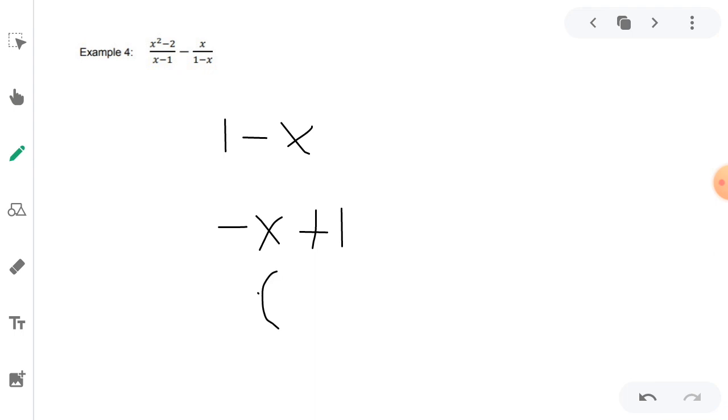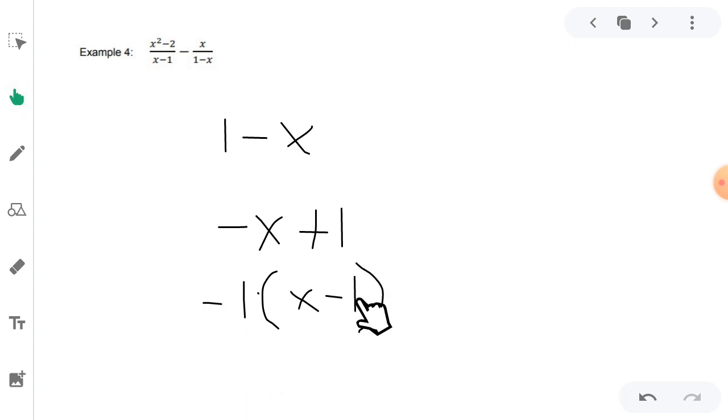So negative 1 times x is negative x. And then paano magiging positive 1 yon? So negative 1 times negative 1 is positive 1.